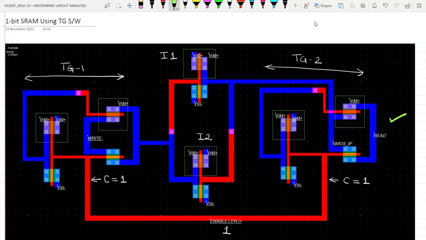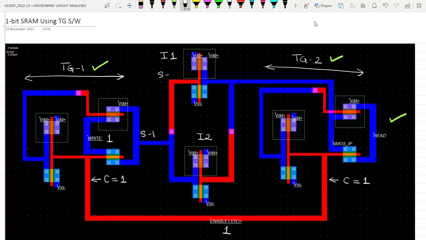Here again with enable equal to 1, that is the control signals of both transmission gates at 1, TG1 is on and TG2 is on. If write line equal to logic 1, TG1 being on, it transmits 1 as strong 1.